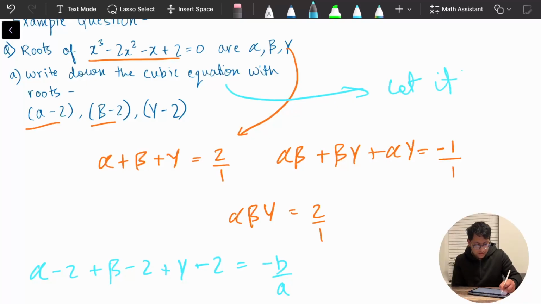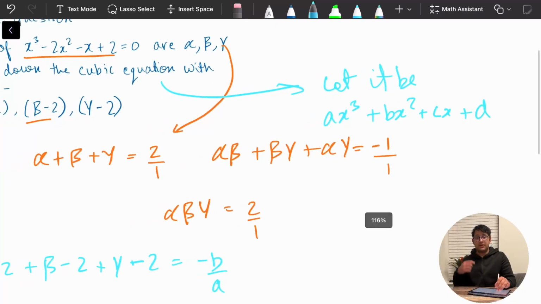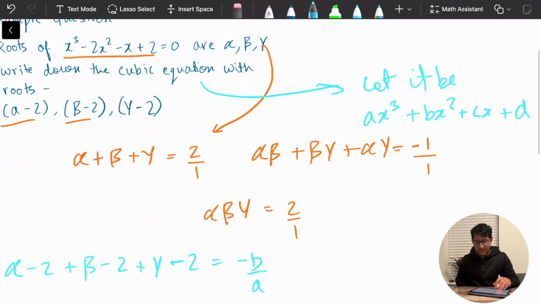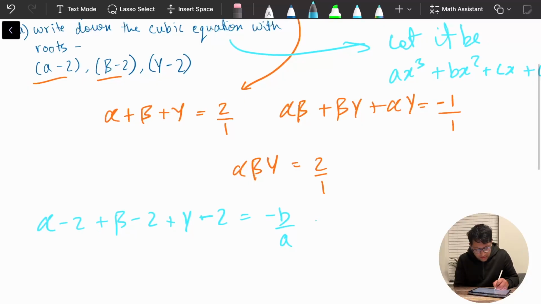Let it be ax cubed plus bx squared plus cx plus d. So whenever I'm saying b by a, I mean this cubic that we're trying to work towards. So already you can tell, it's alpha plus beta plus gamma minus 2 minus 2 minus 2, minus 6, equals minus b by a.